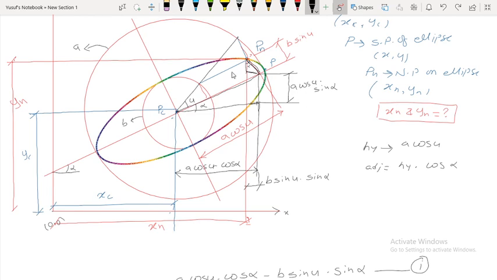Similarly, from this triangle, I can calculate this vertical length. It is adjacent to the angle, and the maximum length is B sin U, and this length is adjacent to the angle. So it will be B sin U into cos alpha. So this length will be B sin U cos alpha. So yn we can write from the geometry: yn will be equal to yc plus this length plus this length.